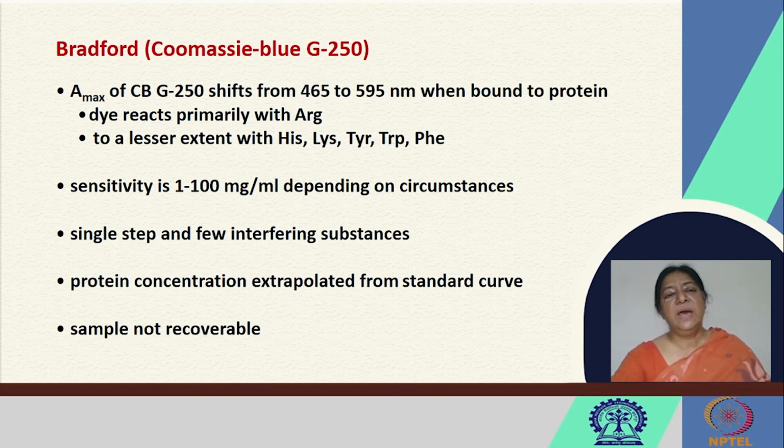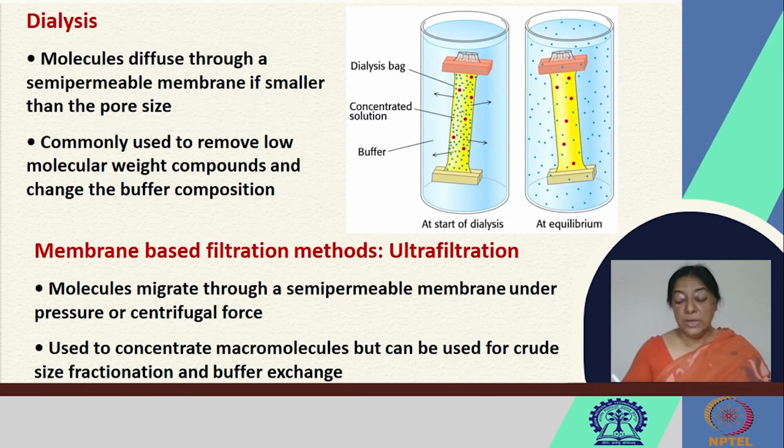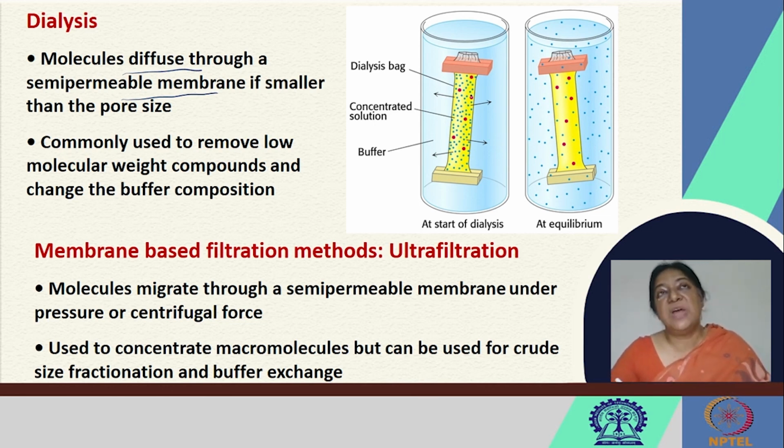So now that we have our protein present in our fraction, we want to get the protein from the concentrated solution. So we have the molecules diffused through a semi-permeable membrane in a process called dialysis, which is commonly used to remove low molecular weight compounds. So we say we have extracted our protein of interest using a high ionic strength.